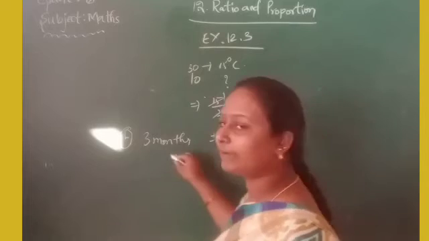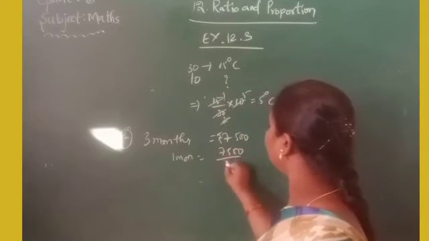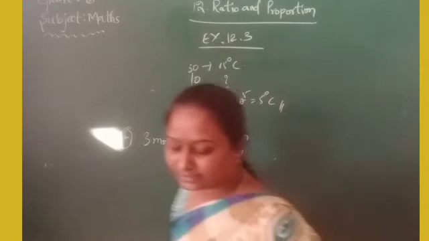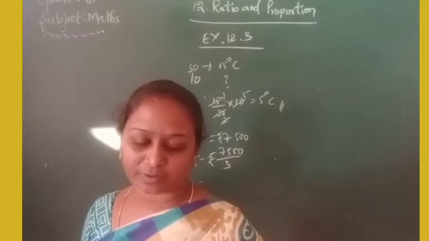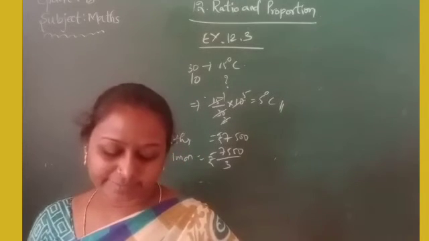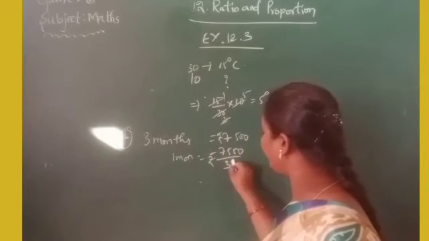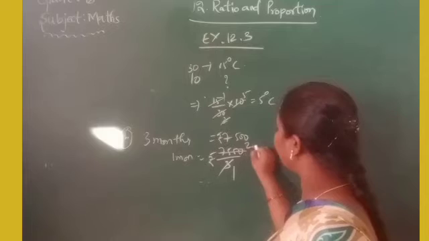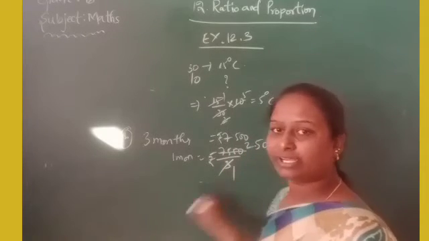For 1 month it means 7,500 by 3. A whole year means how many months? 12 months. For 1 month you find first: 3 ones 3, 3 2s are 6, 3 5s are 15, that is 2,500 rupees.